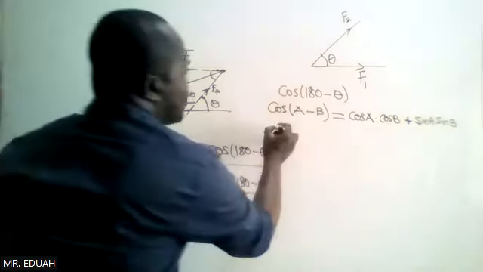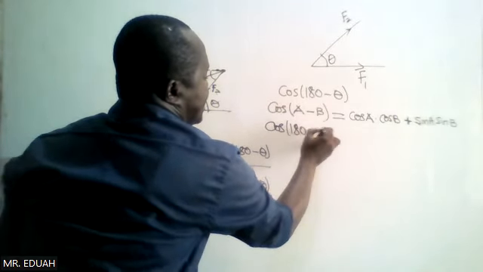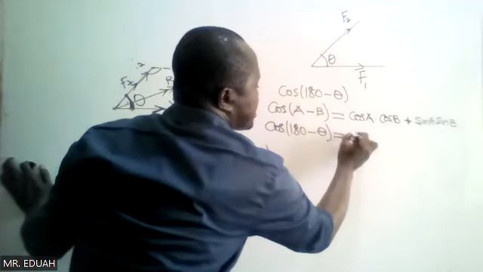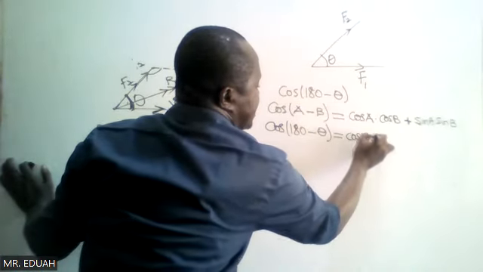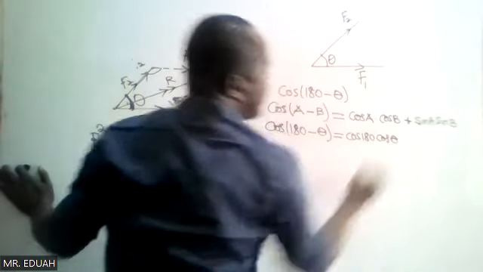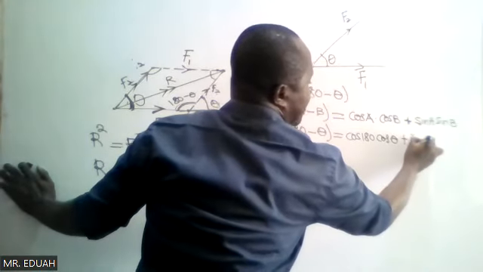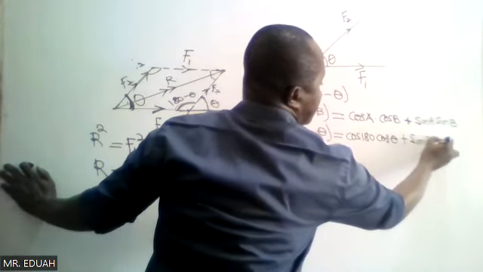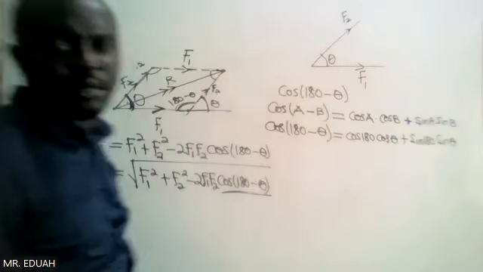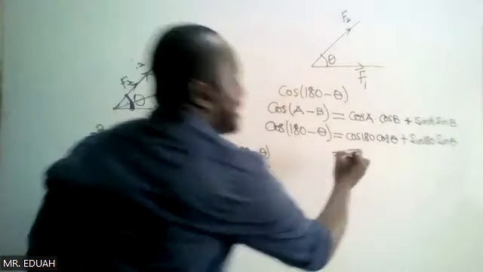So let's use this to expand cos 180 minus theta. What I have will be cos 180 times cos theta, this is minus, so plus sine 180 times sine theta. Now cos 180 is equal to -1.